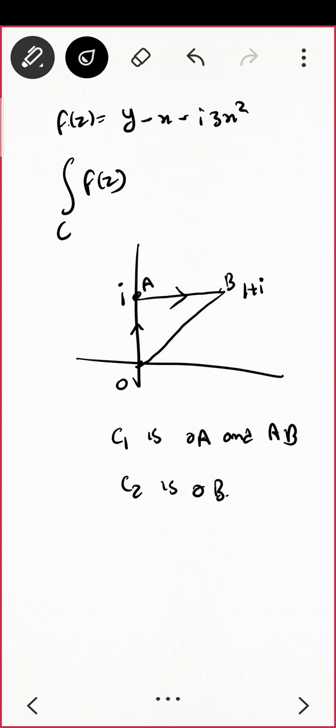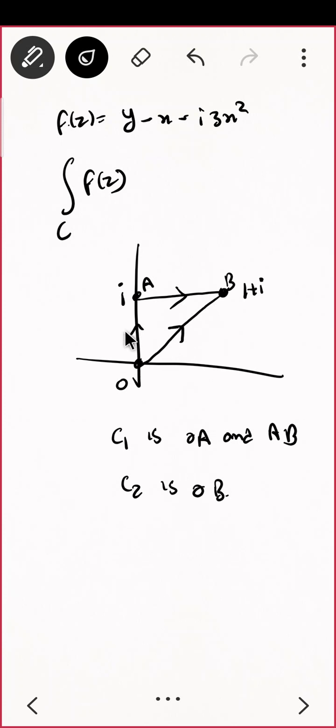So we want to calculate the integral over C1 first and calculate over C2 and try to find what is the value you are getting. Correct? So I want to go from this point to this point. There are two ways.